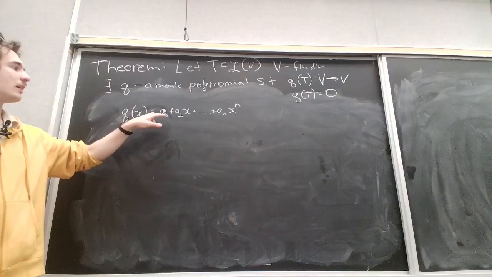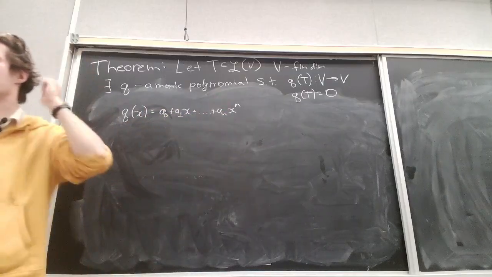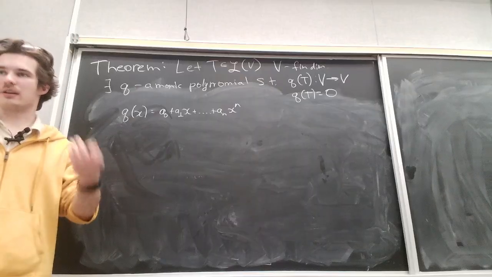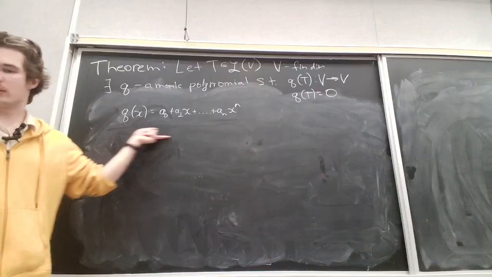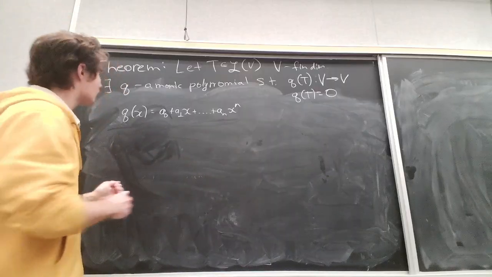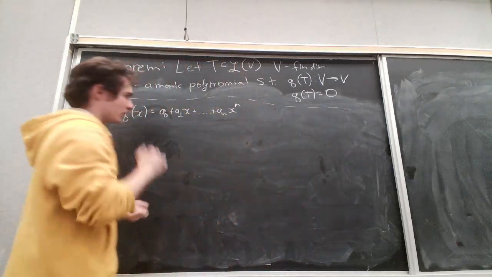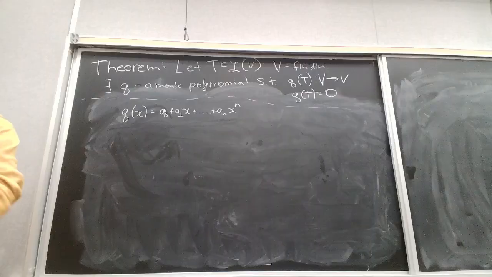And then I would get another linear operator, where by T to the n, I just mean apply T n times. A composition of linear operators is still a linear operator, so Q of T will be some other linear operator, okay? So this is what I mean by this. Does this make sense? Okay.